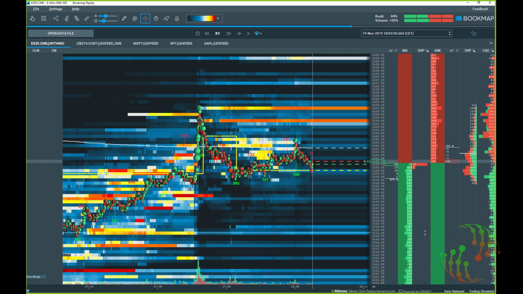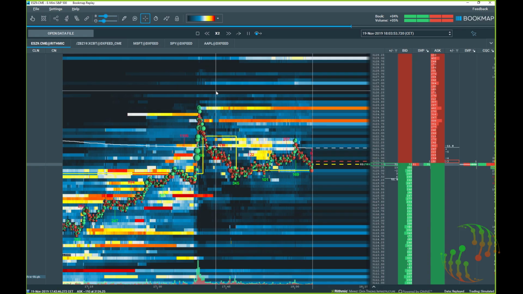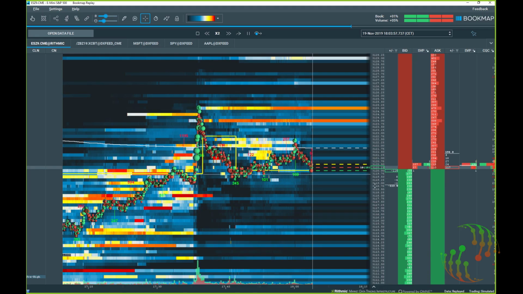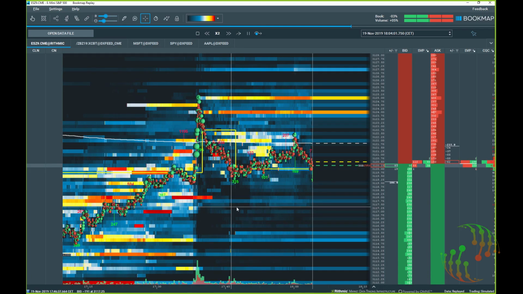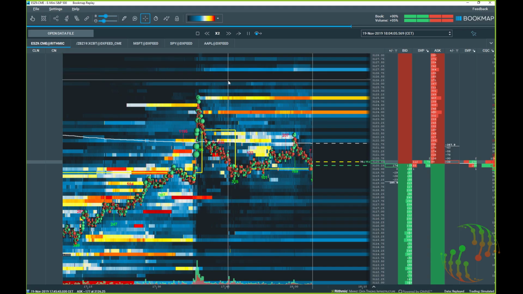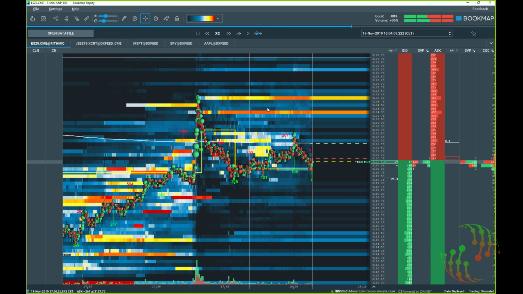Let me reset the numbers also here. Please mind the black area here.